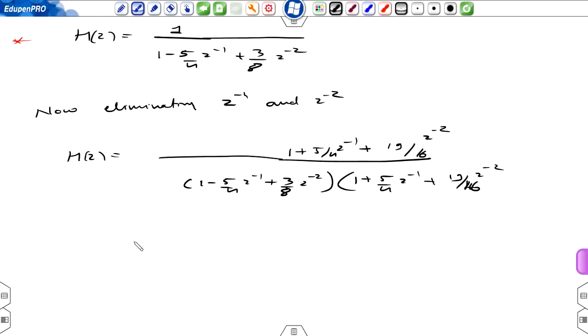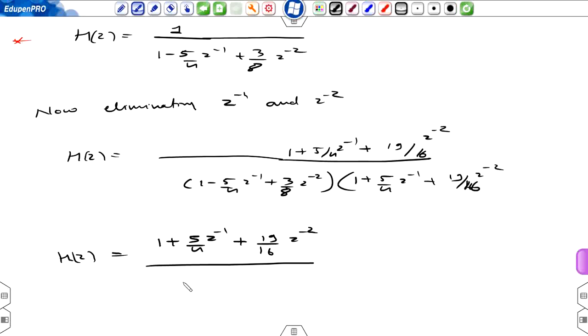Okay, and the final expression will be 1 plus 5 by 4 Z minus 1 plus 19 by 16 Z minus 2 in numerator divided by 1 minus 65 by 64 Z minus 3 plus 57 by 128 Z minus 4.